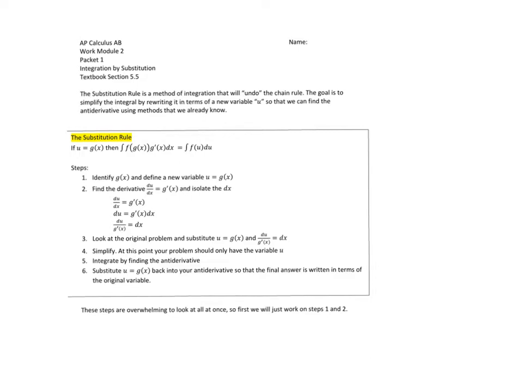With this, we know that if we have a function that's a composition of functions, something like h of x is f of g of x, we can take the derivative using the chain rule.